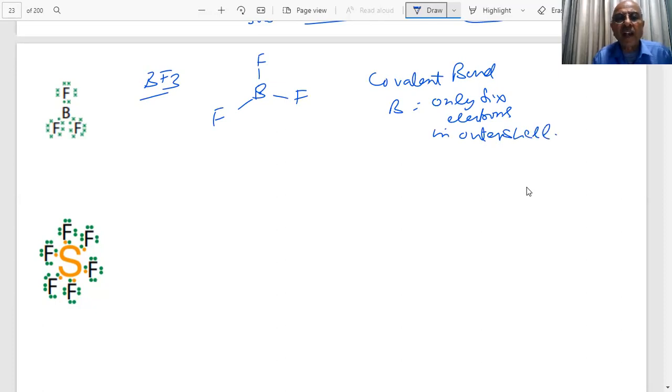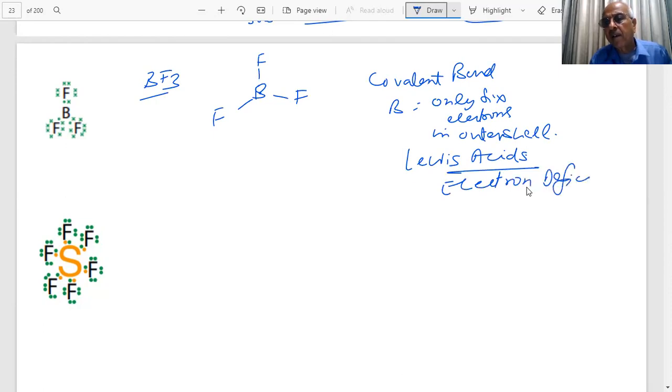So it can accept a pair of electrons. They are called Lewis acids. They are electron deficient, student. How many? 2, 4, and 6.